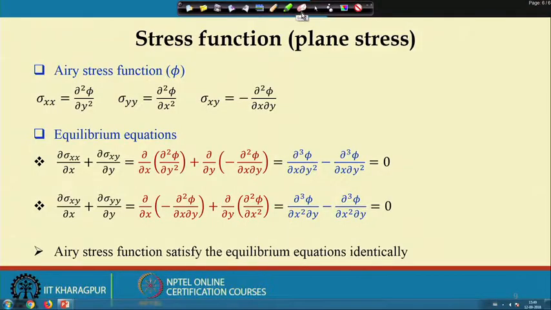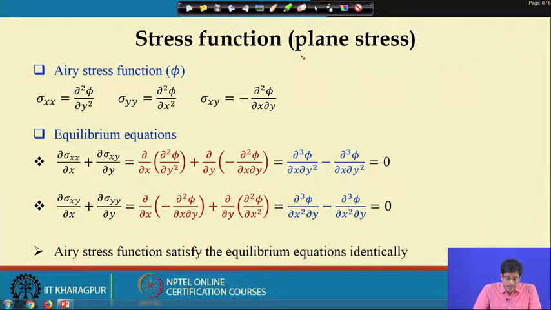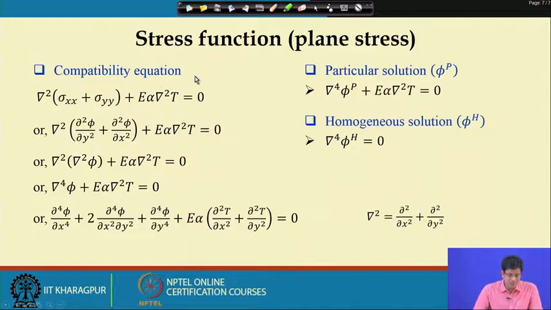Now, once we are equipped with the stress function, phi is a function of x and y, and the boundary conditions also have to be satisfied, which we have seen earlier. Once we know the stress function, what will be the form of the final equation? The compatibility equation we know from our previous discussion, with only the thermal part added.